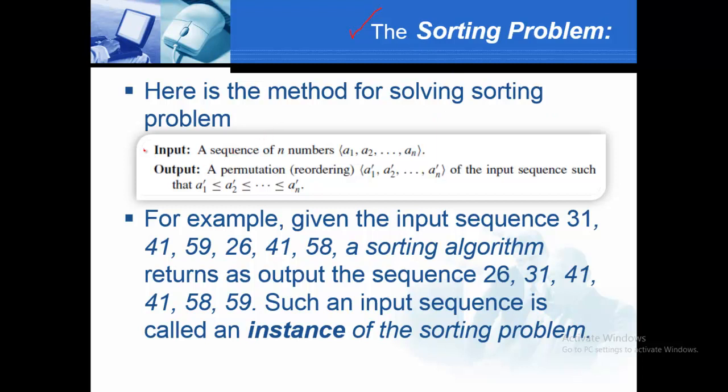For example, we provide as input a sequence of n numbers, a1 to an, for example, from 1 to 10 numbers, and the algorithm produces as output a permutation, a reordering of the input sequence, such that a1 is less than or equal to a2, a2 is less than or equal to a3, and so on.